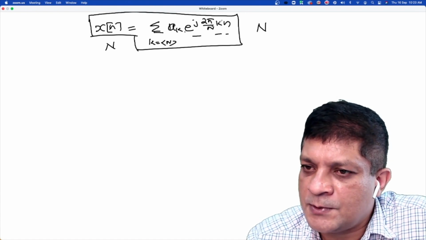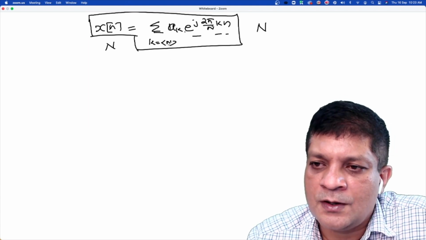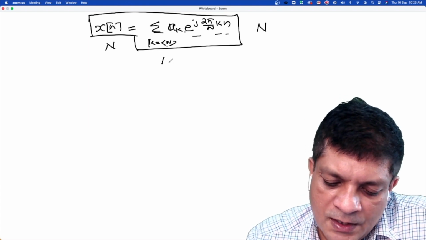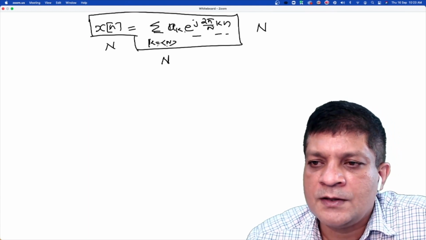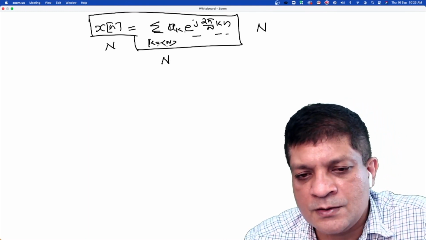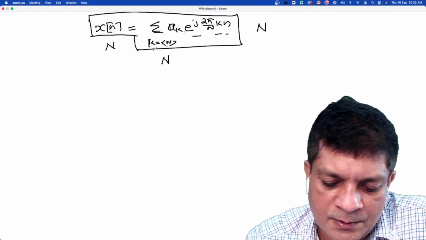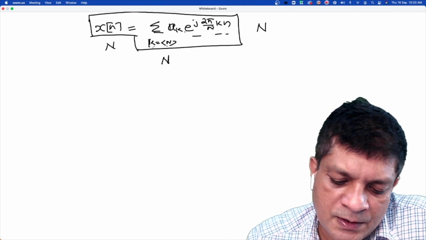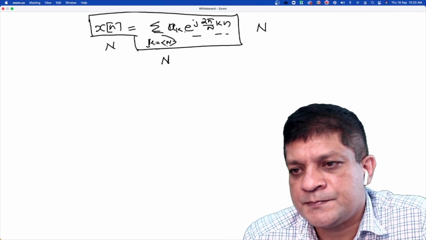If you consider any N distinct values of k, those harmonics of the complex exponentials will be unique. So we need to consider only N terms.